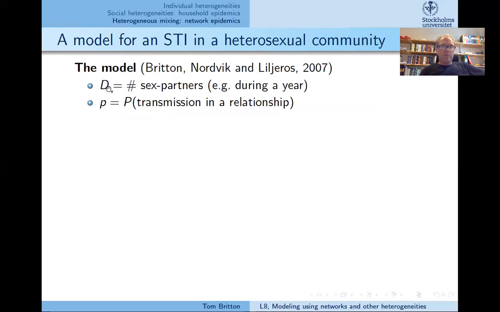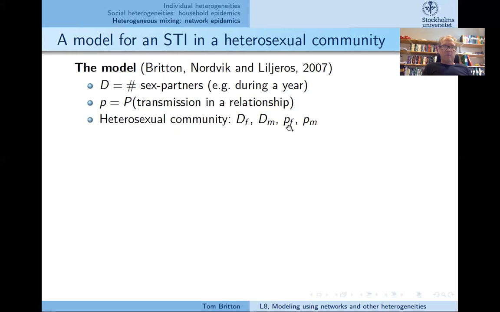Before we had the number of partners an individual has, and you had a transmission probability, but if you have a heterosexual community, you have to consider two different things. So the females have a certain degree distribution and the males have possibly another degree distribution.